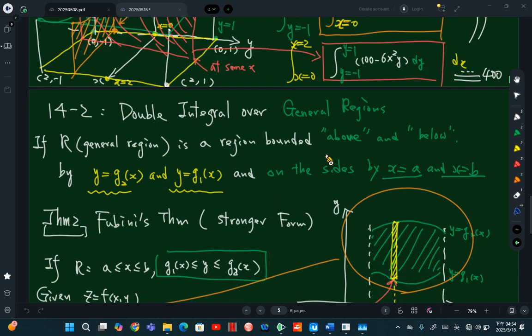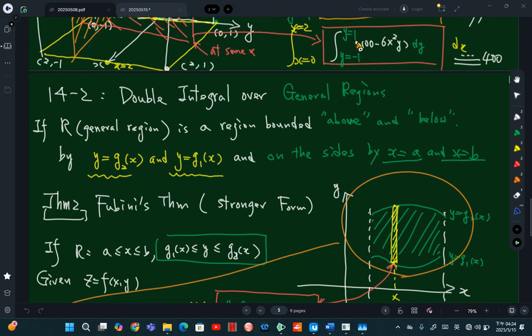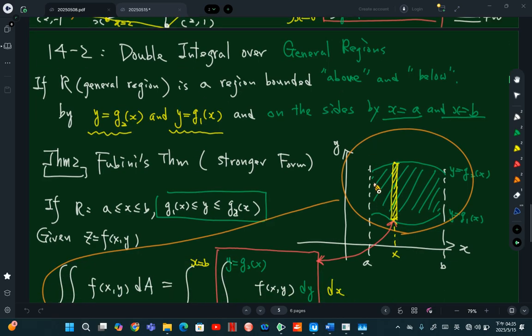But for a general region, it is not a rectangle. Normally, it will be bounded by y equals g2(x) and y equals g1(x). That means the region is bounded by these two curves. Then for the x direction, x goes from a to b.